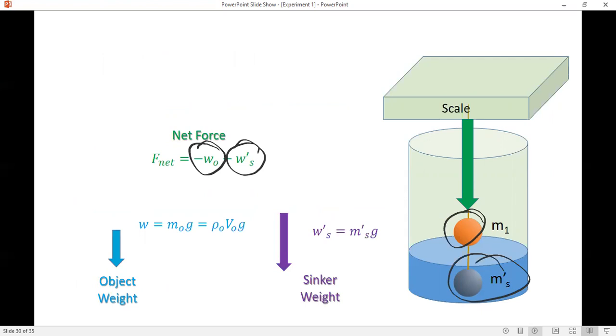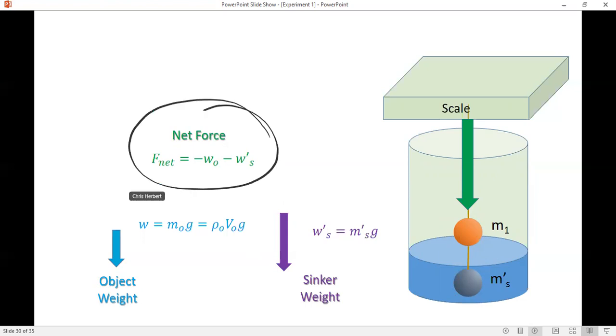Now, I'm not going to go into this too much, but this force is the same for the first and second part, and because we take the difference, that figure is going to subtract out, and the metal sinker will have no effect on the final measurements or the final calculations. But again, remember the net force is the weight minus any buoyant force.